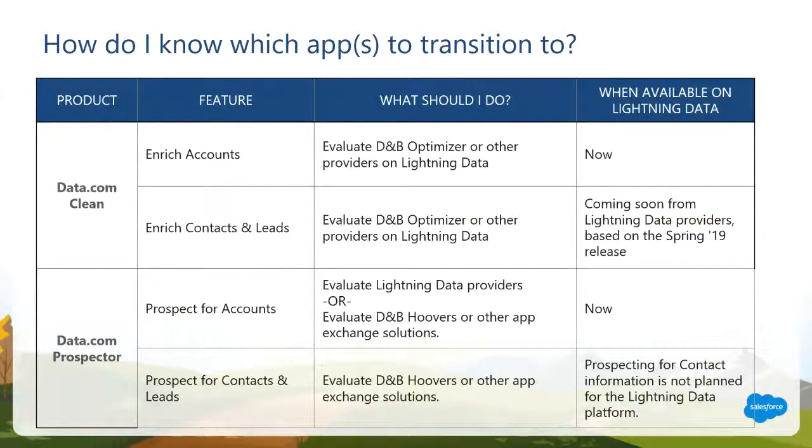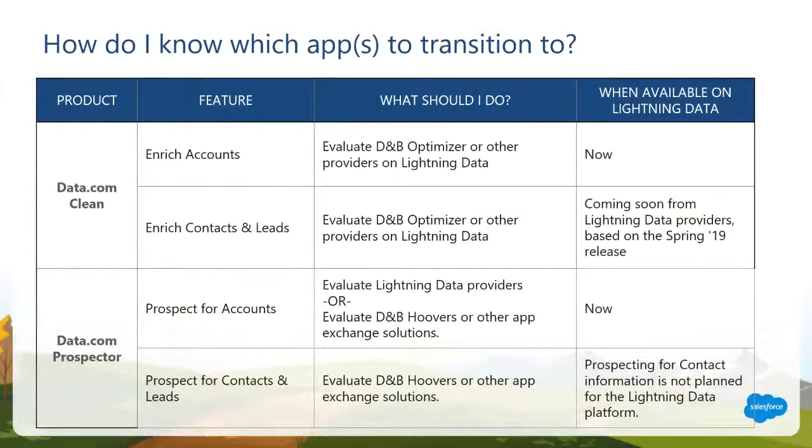On the prospector side, it's a little bit more complicated. Like I said, it hasn't been a primary focus of the Lightning Data platform, and also working with our customers and really our partners on this one. Our partners all had pretty robust kind of search and import capabilities, and their search user interfaces were very tailored to their particular data sets.